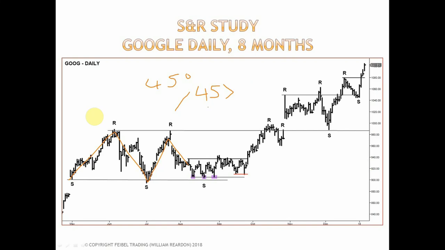And conversely, if the angle of ascent is less than 45 degrees, the buying quality is suspect. We're kind of grinding up. And vice versa for a downtrend. If the anchor points are close together, we don't really gain an edge. It's more difficult to interpret what the market is whispering.